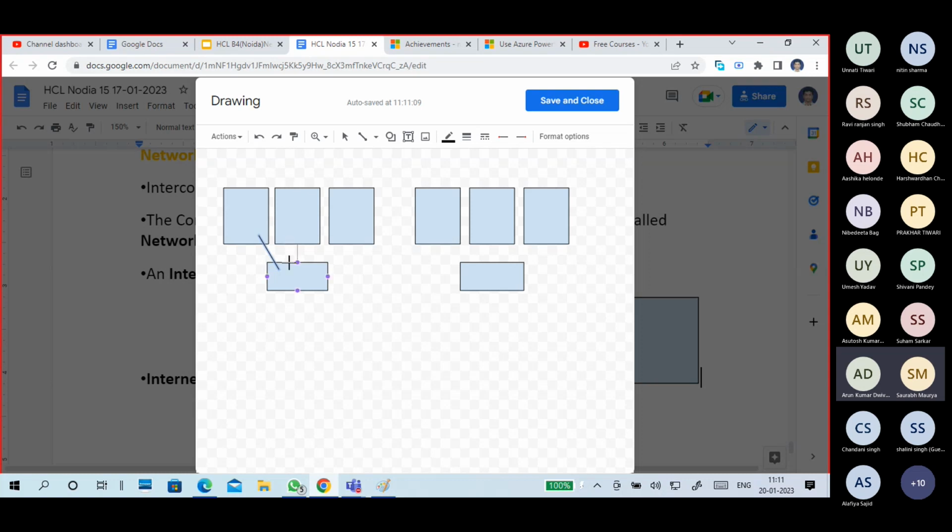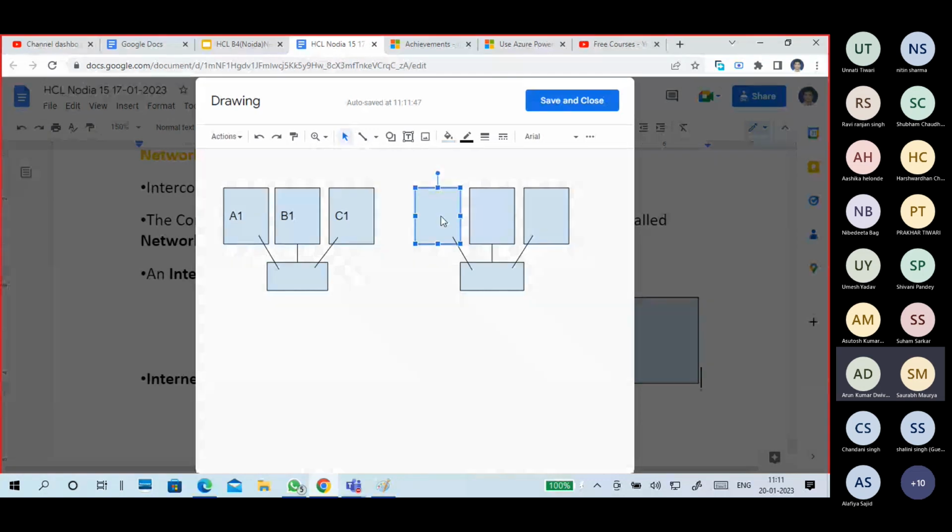Do not think about wired or wireless kind of stuff. So this is one network and this is another network. I can put three networks, four networks, but time and space are important, right? For example, I put A1. Just for our understanding, I put this.